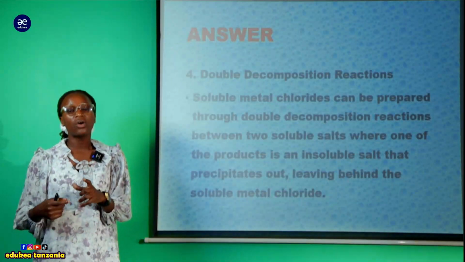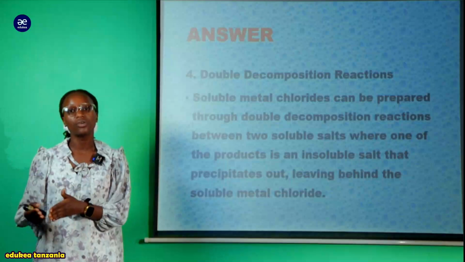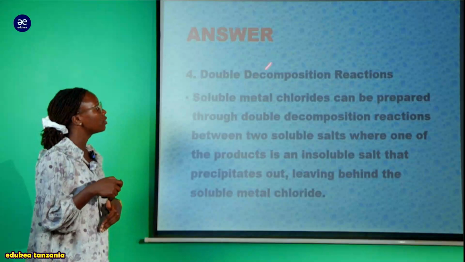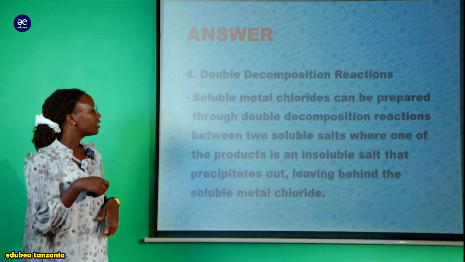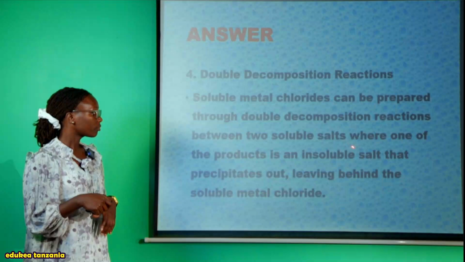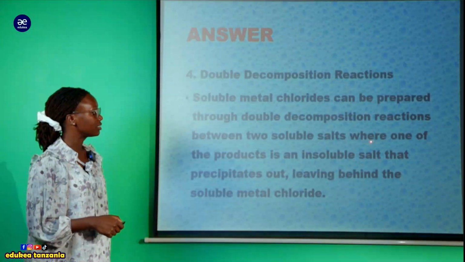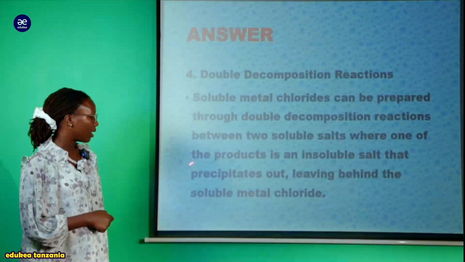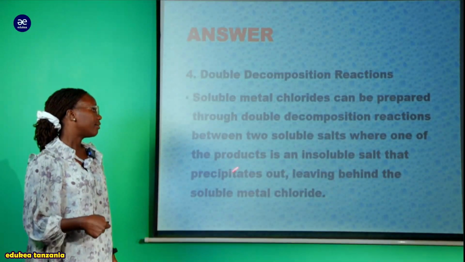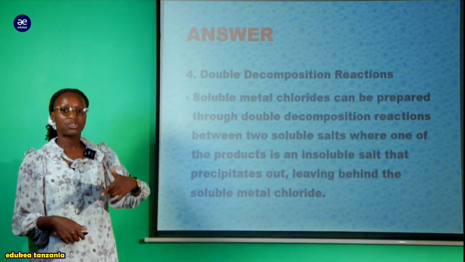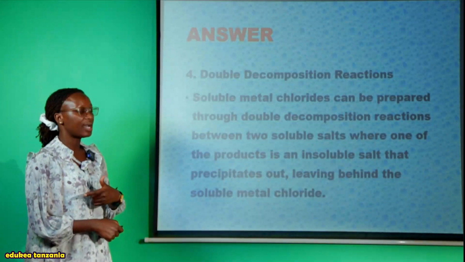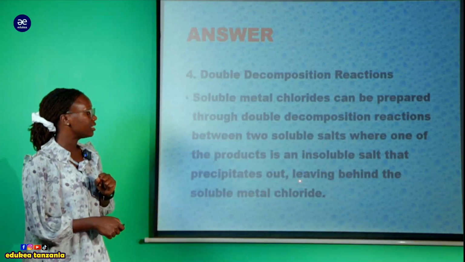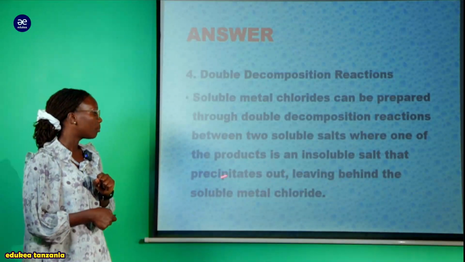So one of the products formed is soluble, but we also form an insoluble one, as you remember from the concept of double displacement. So here we are talking about the double decomposition reaction. You can see that the two soluble salts tend to decompose. One of the products is an insoluble salt, giving the precipitate properties, while leaving behind the soluble metal chloride.